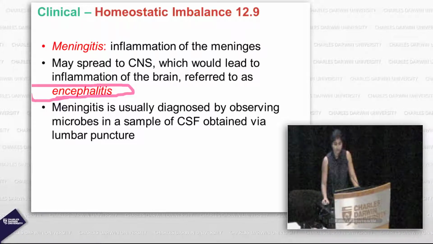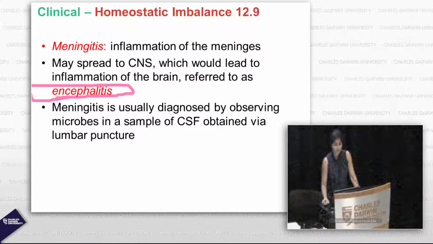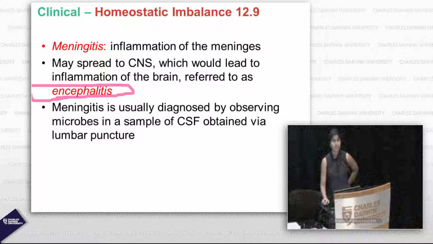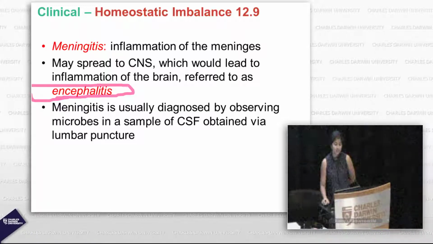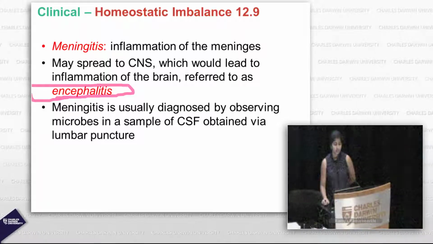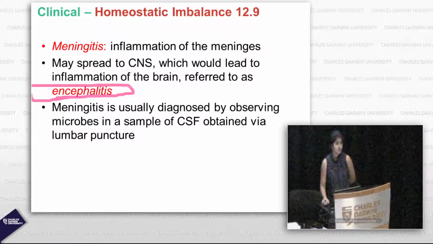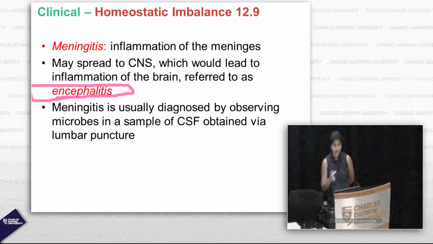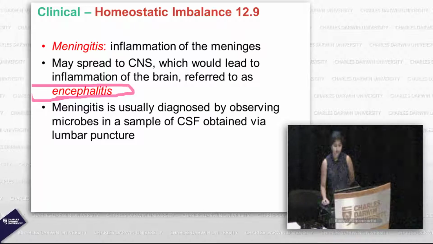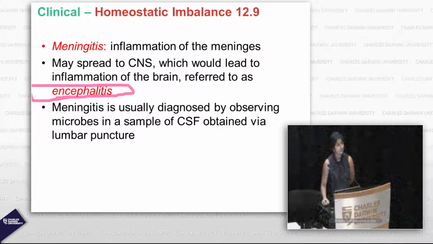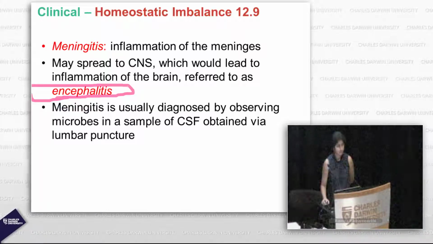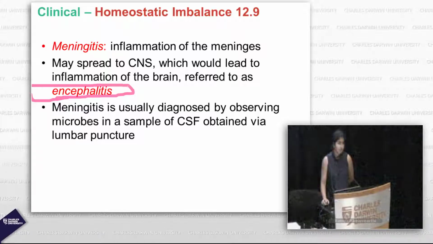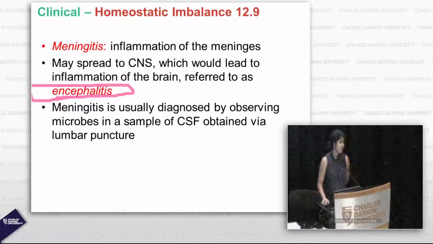They take a sample of cerebrospinal fluid during the lumbar puncture and test for any microbes or alteration in the constituents of the CSF. It can be viral or bacterial.